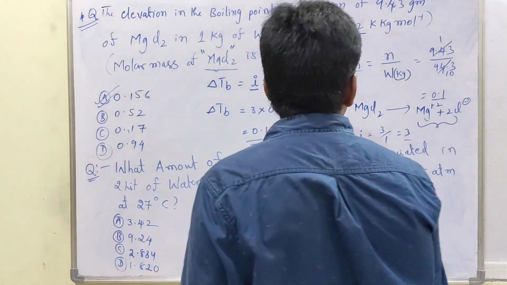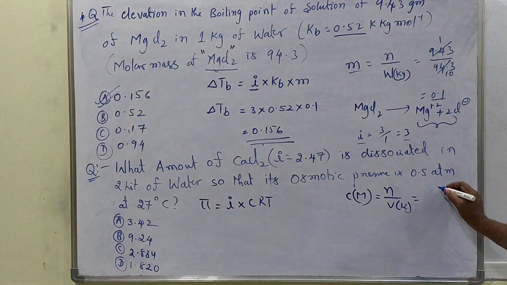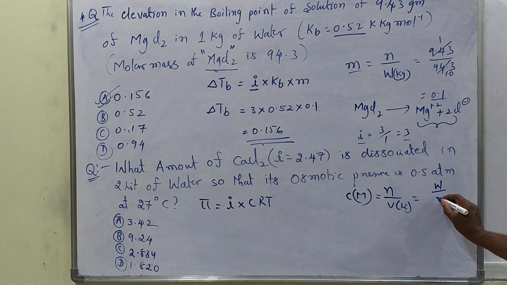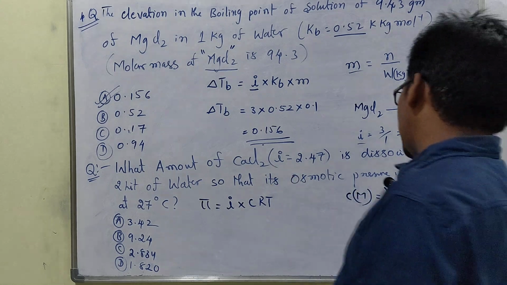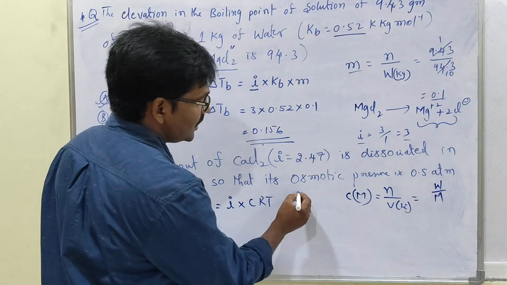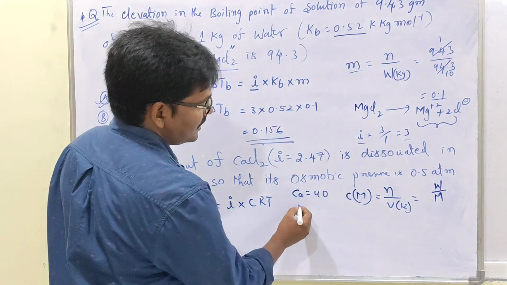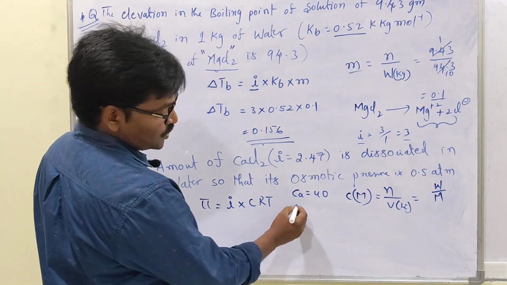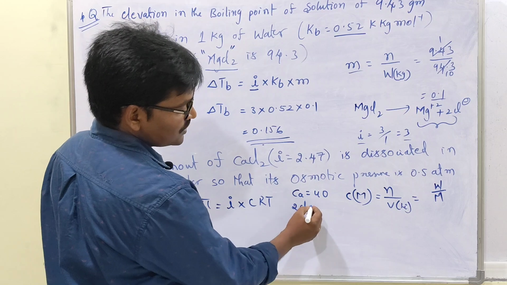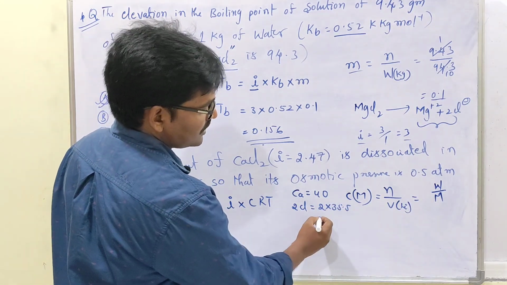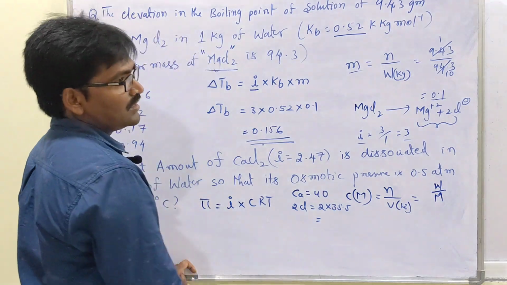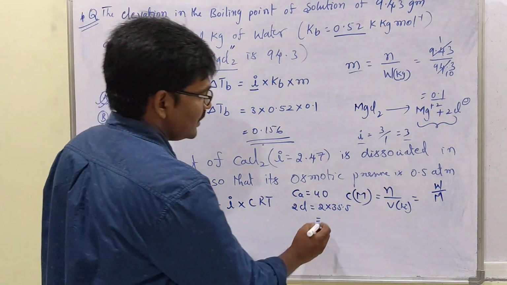To find the number of moles, you have to take given weight divided by molecular weight. So find the molecular weight of CaCl2. CaCl2 molecular weight: Ca is 40, then 2 chlorines, so 2 into 35.5, which is 71.